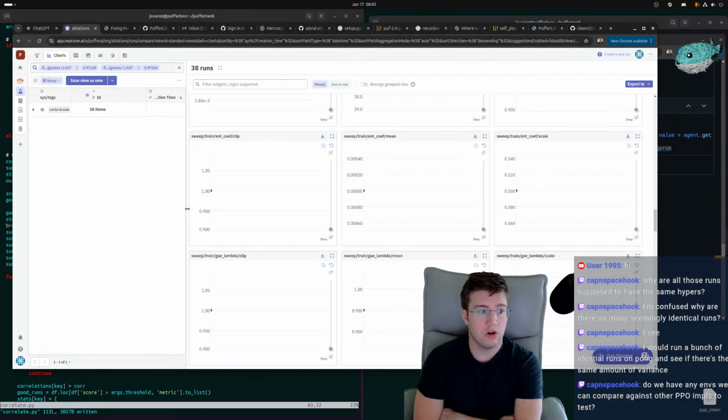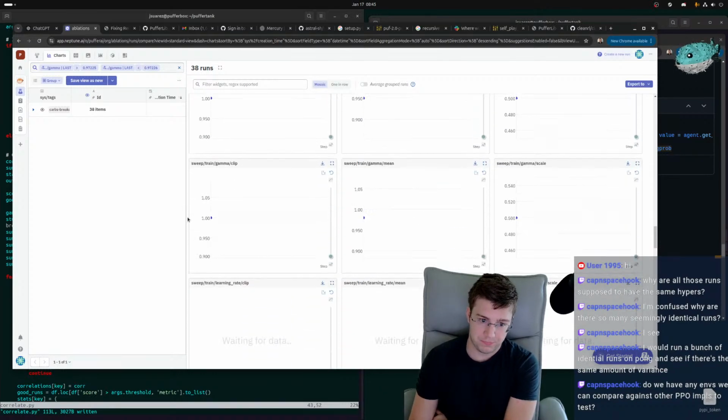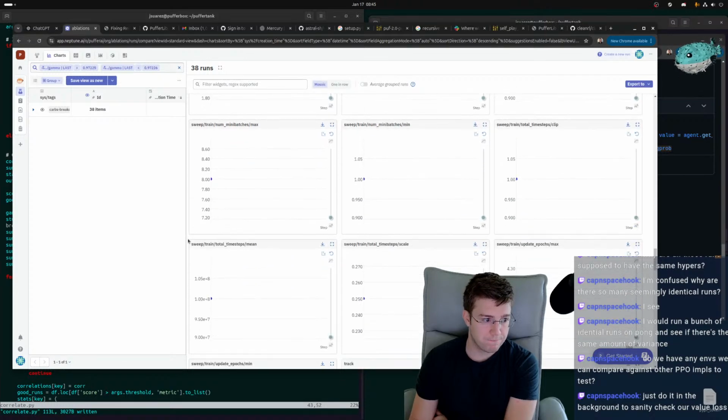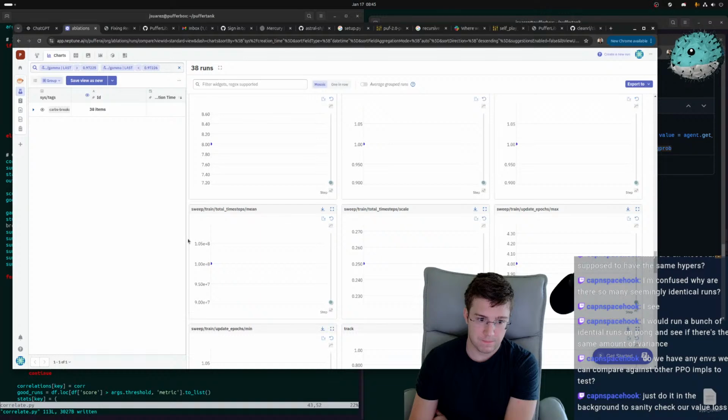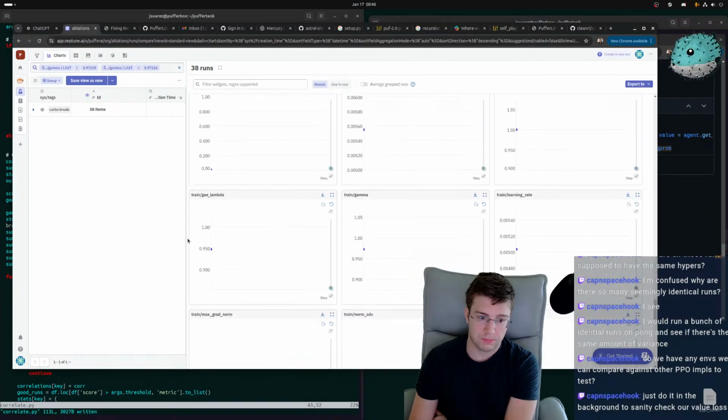We have parameters for classic Atari games and stuff like that. We've tuned them a little differently in Puffer to make it faster. You know, the vast majority of RL repos out there are just painfully slow. Sanity check value loss.